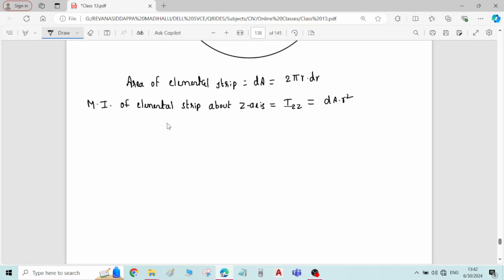Now we will find the moment of inertia of the whole area about the z-axis, Izz.